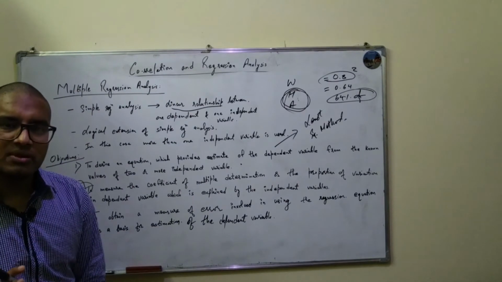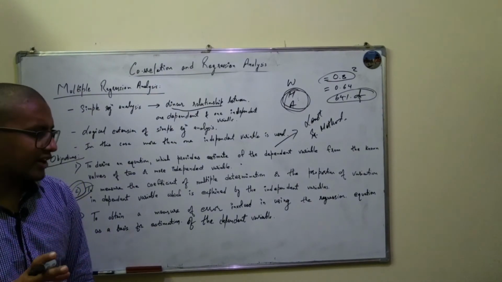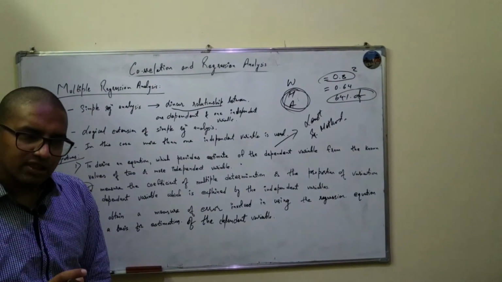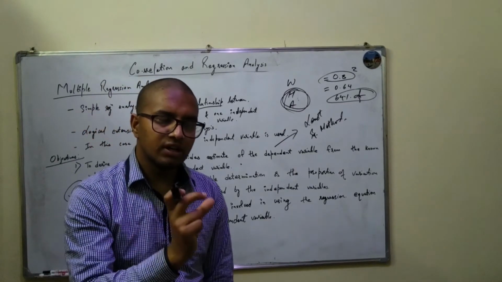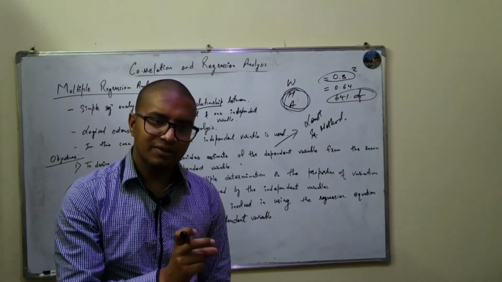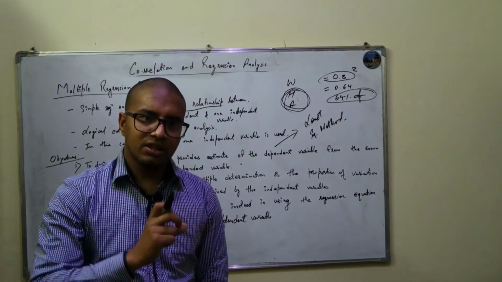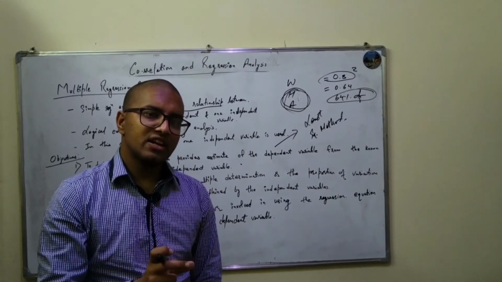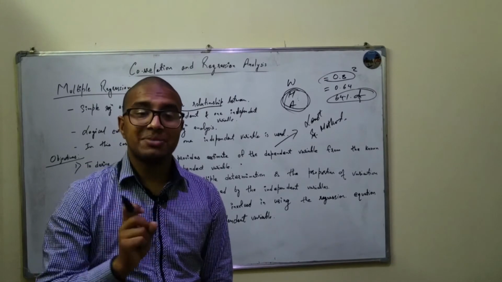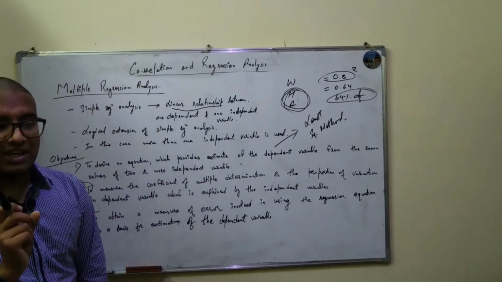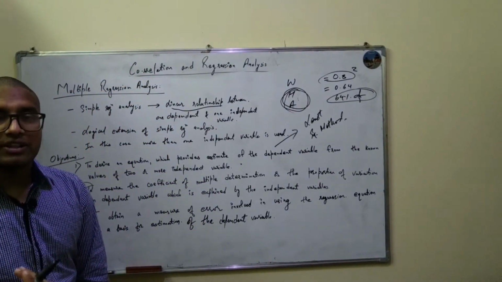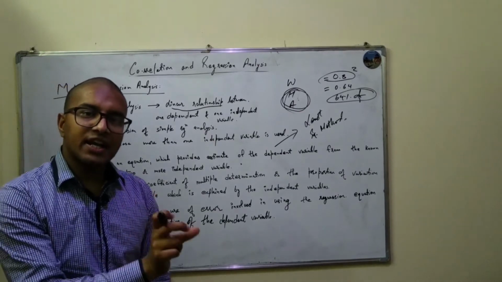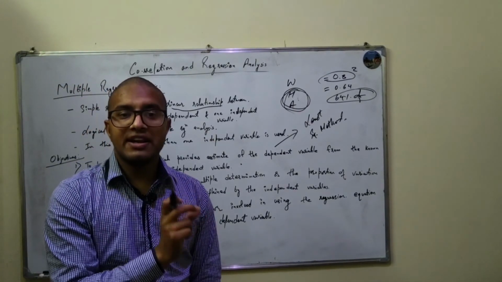But all you need to remember is that we are trying to see how the combined effect of the independent variables affects the dependent variable, and how much the independent variables explain the variations in the dependent variable, and then we try to estimate the error as well, so that we have a correct dependent variable.